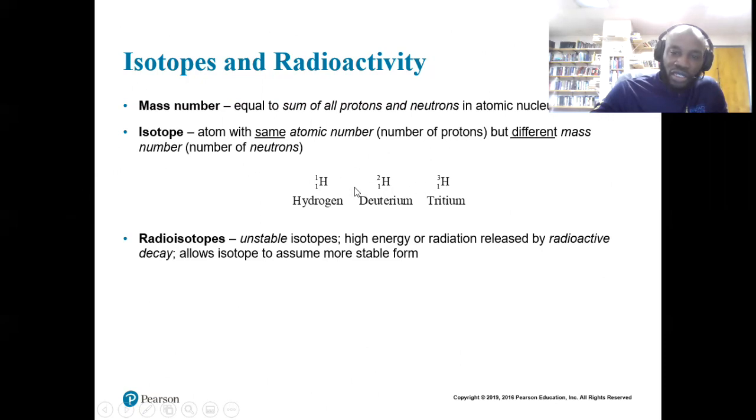Notice this mass number is changing, 1, 2, and 3. What does that mean? It means that you're changing the number of neutrons. Deuterium has 1 extra neutron. Tritium has 2 extra neutrons. Okay? Things that you can change.